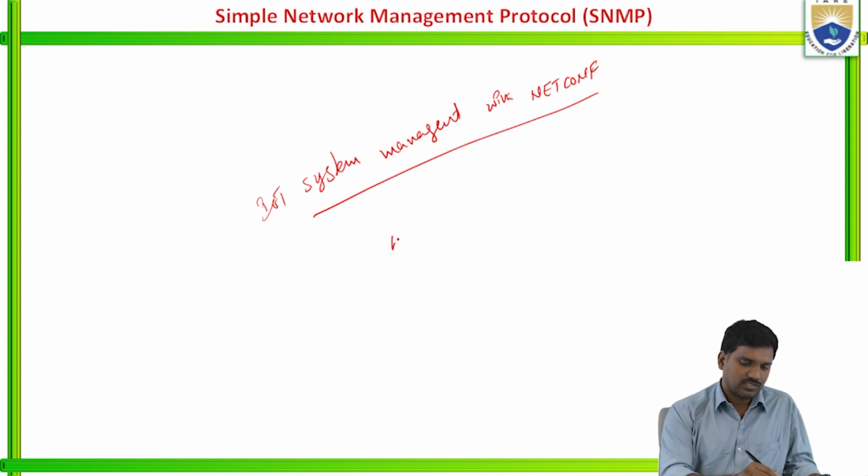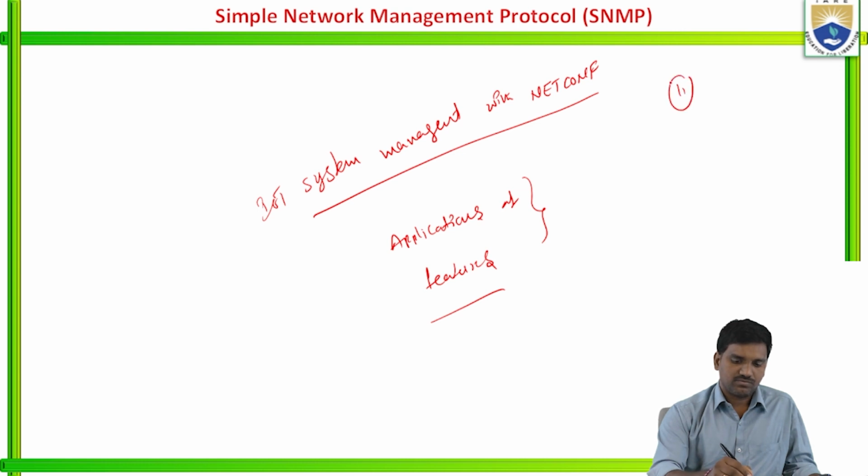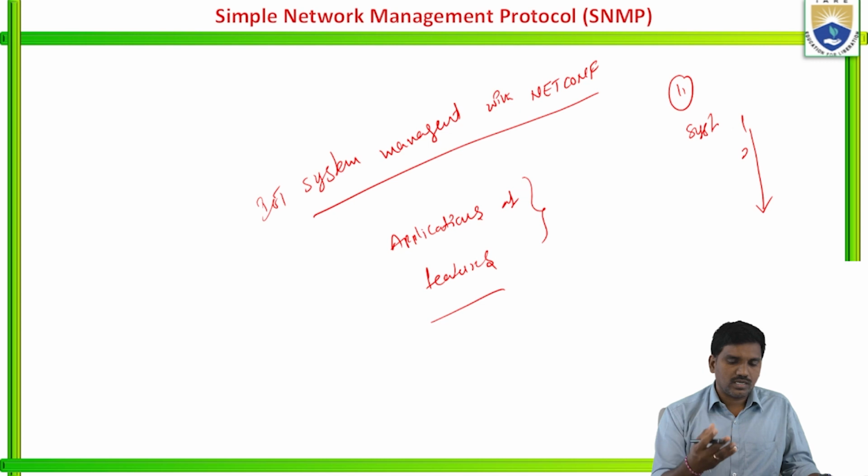What are the applications and features, and some real-time programming models that we discussed in the last class. IoT system management has 11 types of models, like system manager, system task, communication API, and so on. Those 11 steps are available in the block diagram of IoT system management. So these are the things already discussed in the last class.